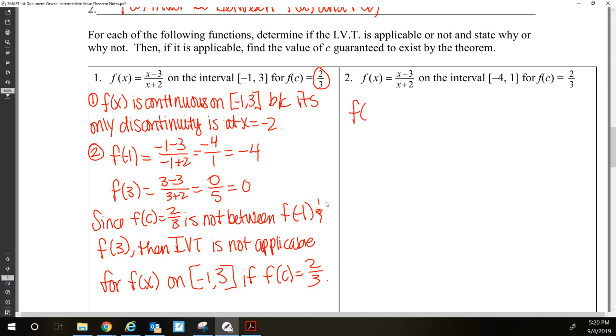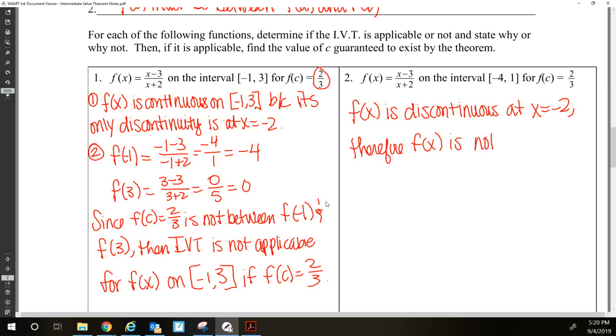So we're going to say f of x is discontinuous at x equals -2. Therefore, f of x is not continuous on our interval we were looking at, right? Not continuous on -4, 1.